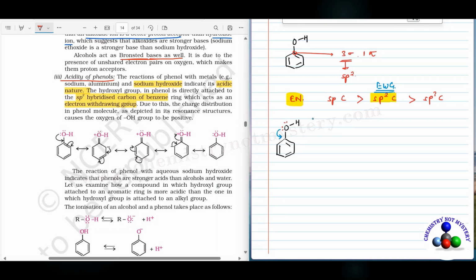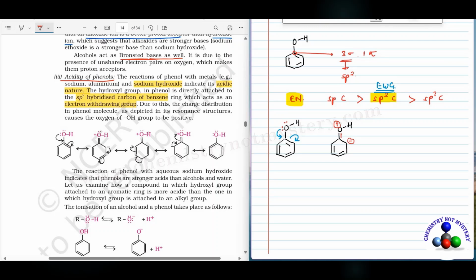So these lone pairs will move between carbon and oxygen, and the pi bond will move to the next carbon. So here you will get the next resonating structure. These 2 bonds will remain as they are. Between carbon and oxygen, one more bond will be formed. As oxygen donated a pair of electrons to carbon, this oxygen will develop a positive charge, and the pi bond moves to this carbon in the form of negative charge.